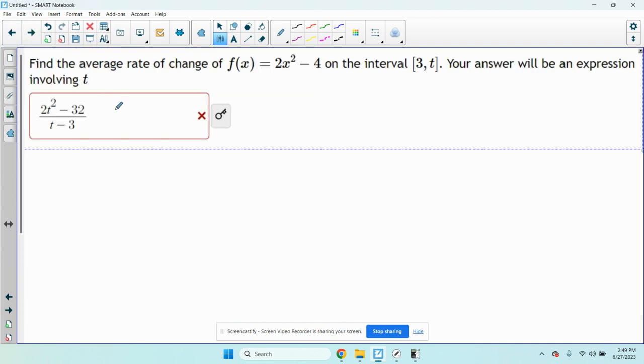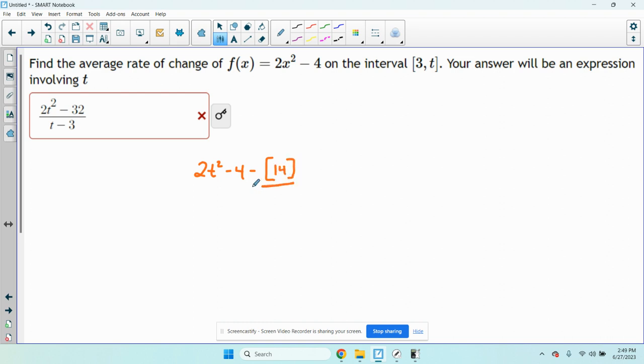And this last one, we have f of t, which is 2t squared minus 4, minus f of 3, which would say here is 9, 18 minus 4, that's 14, all over t minus 3, right? 3, 9, 18 minus 4, yep.